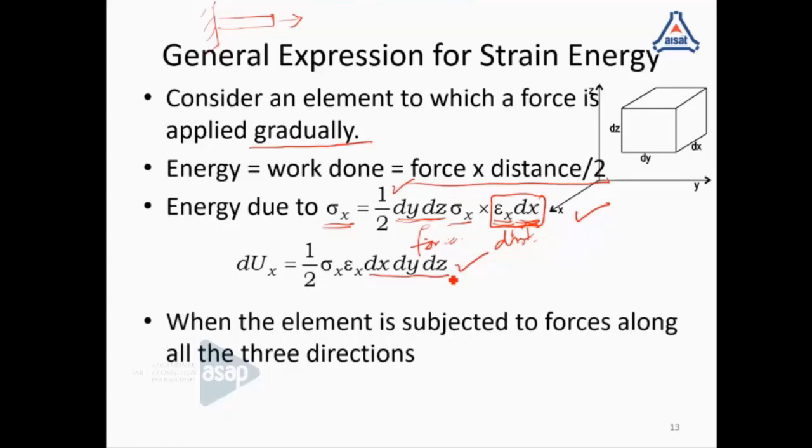When this element is subjected to forces along all three directions, here only one force is applied and only a normal stress is produced by that force, and due to the normal stress, a normal strain along the x direction alone was present in the body.